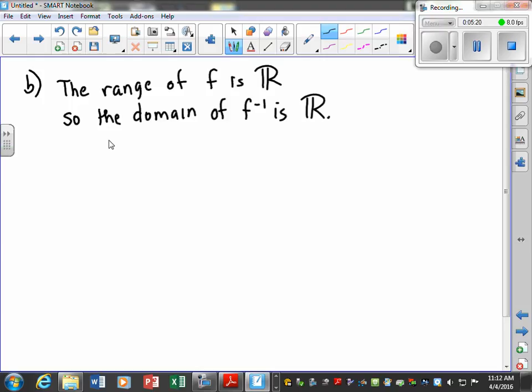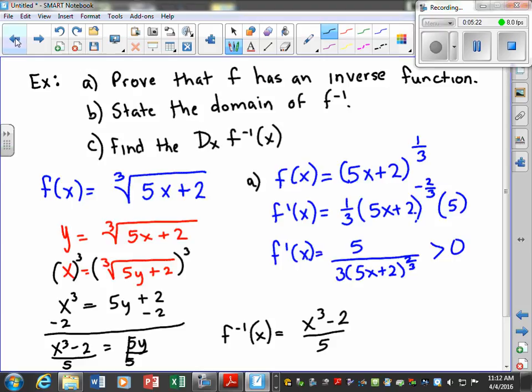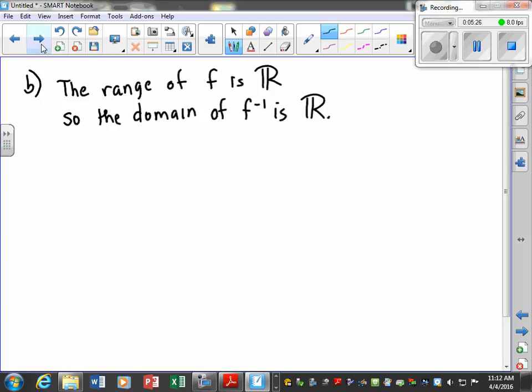And what's our last part? Our last part is to find the derivative of our f inverse. Okay, so let me just state first of all that g prime of x is equal to 1 over f prime of g of x.